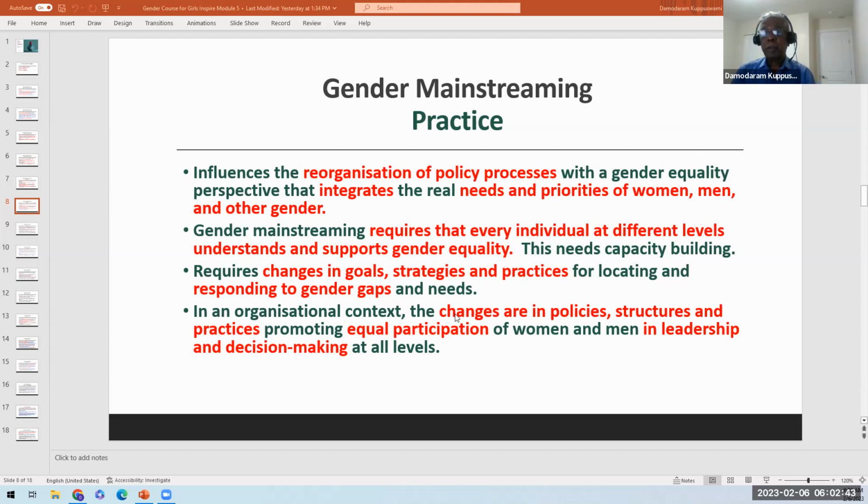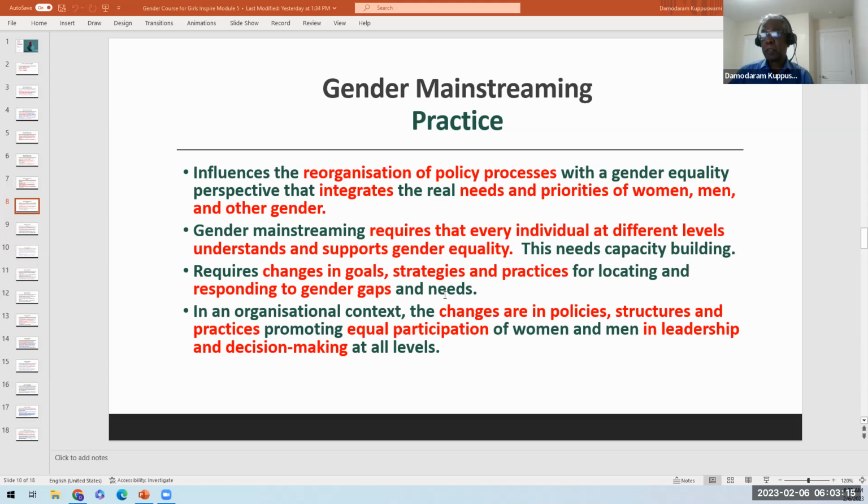In the same way, specific to organizations, we look at policy structures. This is where we looked at participation. We have been looking at how gendered the leadership positions and the decision-making levels are. So it has to be not only participation at all levels, but also the proportion of women, men, and other genders occupying leadership positions.